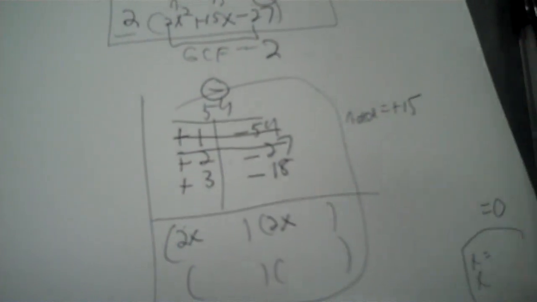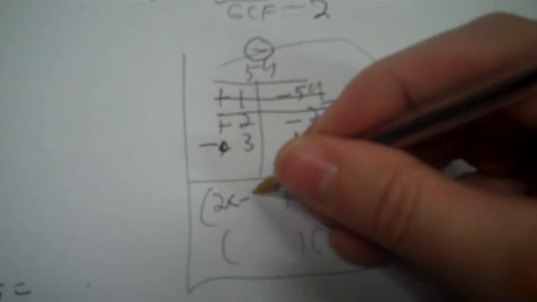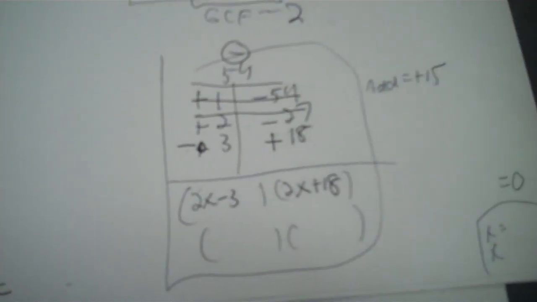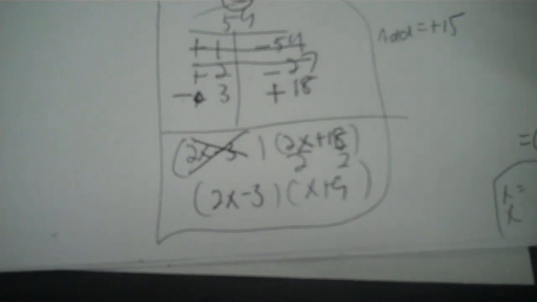Now if you add those, that's negative 15. To make it positive 15, the 18's plus, the 3's negative. So minus 3 plus 18. Now 2 and 3 are in the first row, so that'll stay 2x minus 3. 2 and 18 are both in the second row, and that's going to be x plus 9, or 1x plus 9.